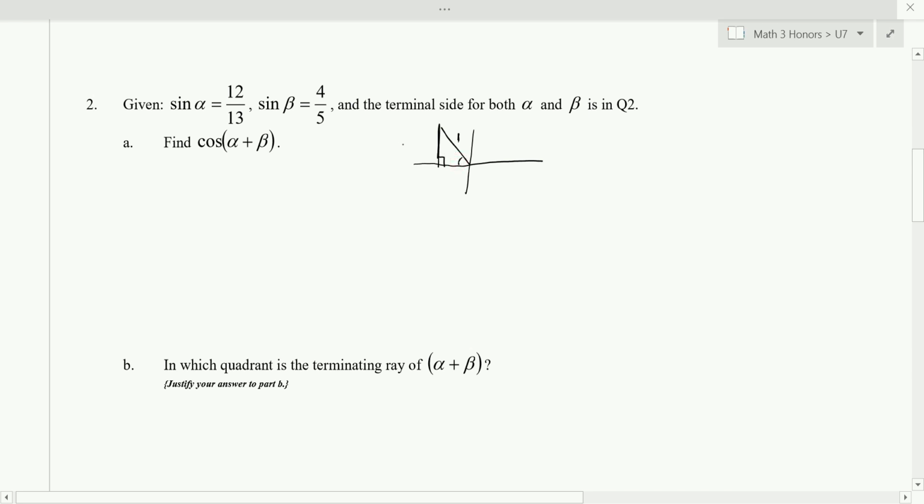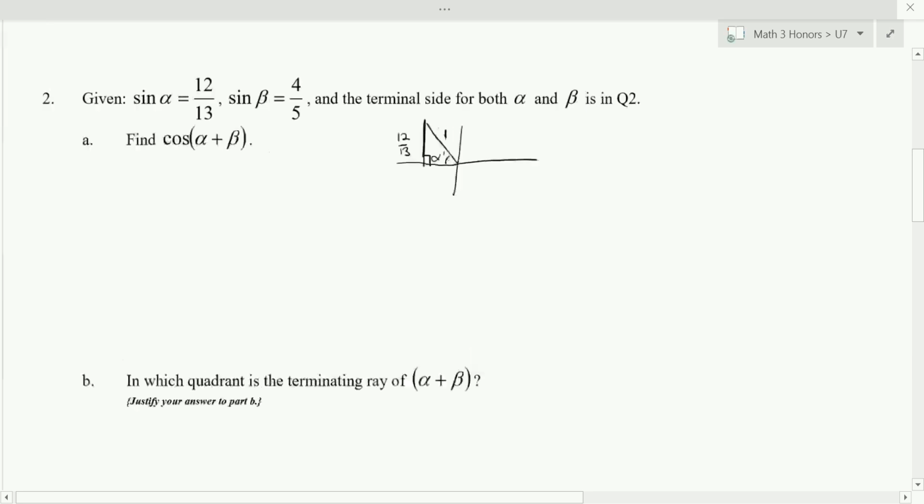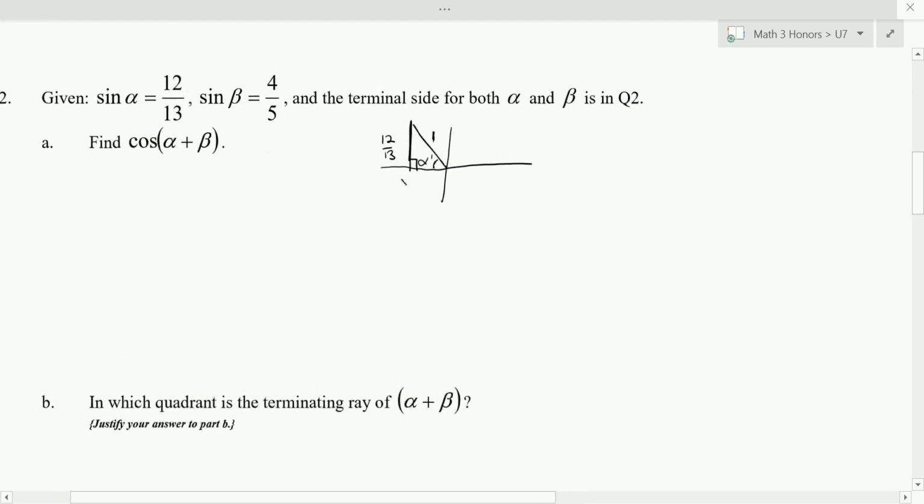So our sine of alpha, we'll put alpha prime in here, is 12 over 13. And then if we know 2 sides of a right triangle, we can find the third side using Pythagorean theorem. And so I'll call that third side x, and solve for x. So x squared plus 12 over 13 squared is 1 squared.